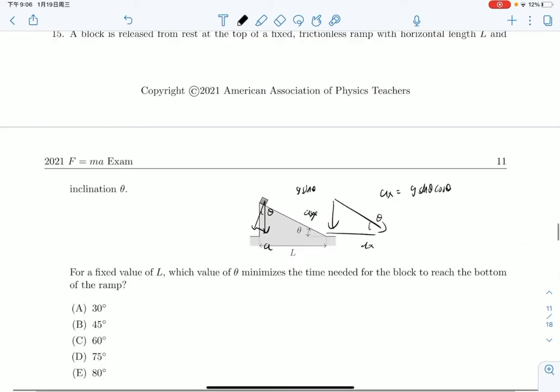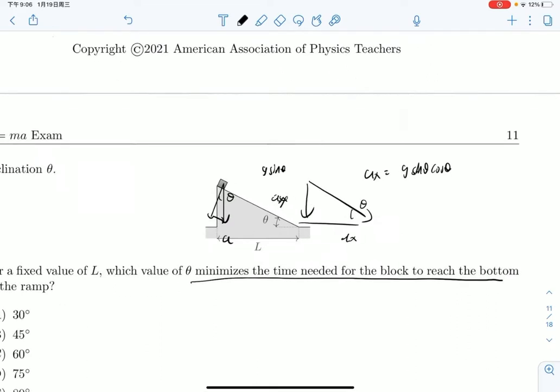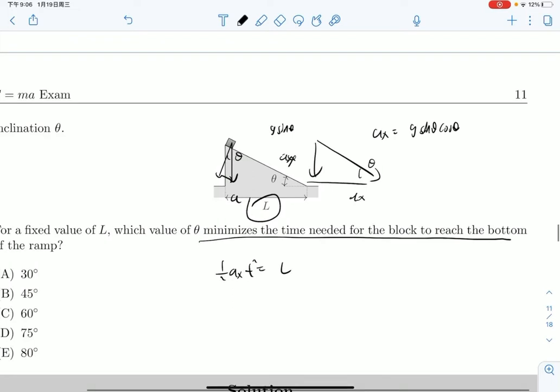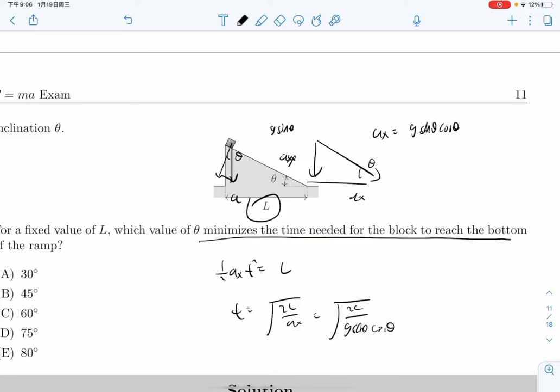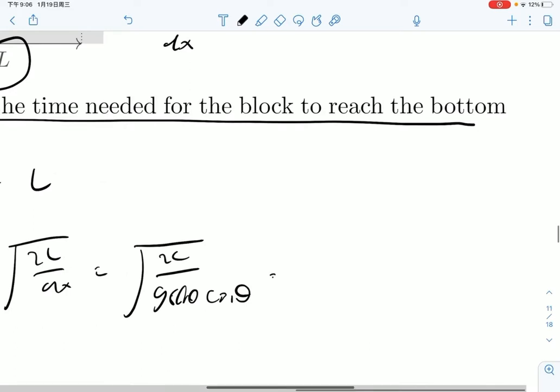And you can see, because L is constant, you will have 1/2 a_x t squared is equal to L. And you will have t is equal to the square root of 2L divided by a_x. You'll have this to be 2L divided by g sine theta cosine theta, and from the double angle identity, sine 2 theta is equal to 2 sine theta times cosine theta.